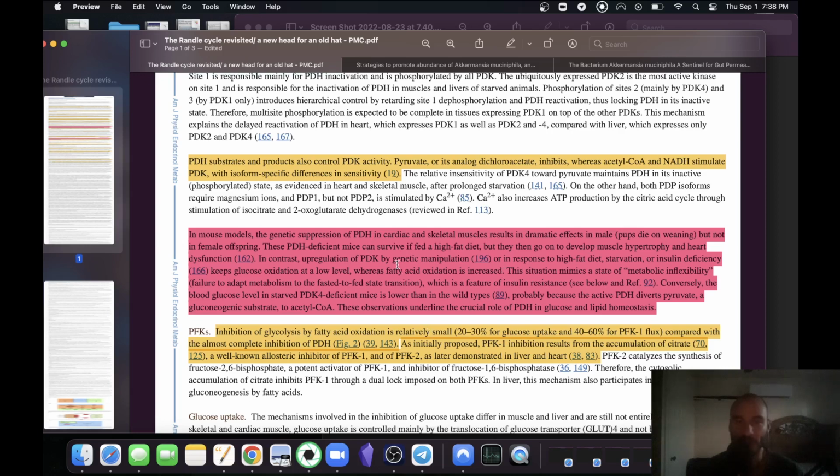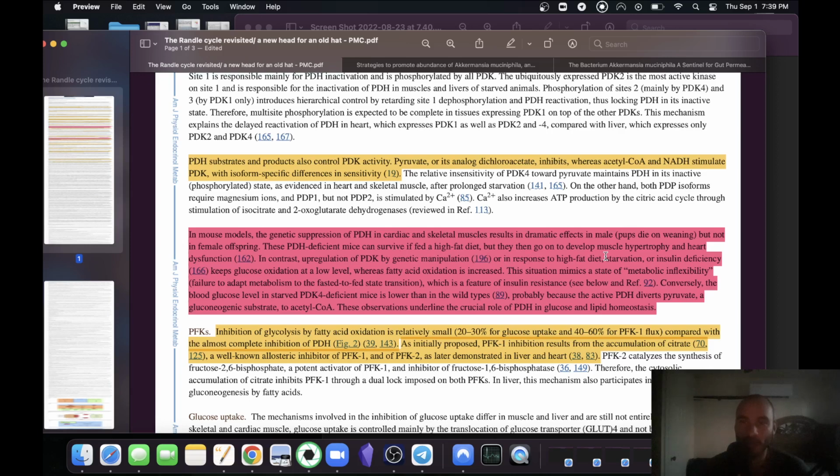So in both these states, they have mice which have had their genes adjusted so that the pyruvate dehydrogenase in their muscles basically has a significantly decreased function. The male mice will die, but the female mice, essentially, can only eat a high-fat diet, and they'll be able to live.